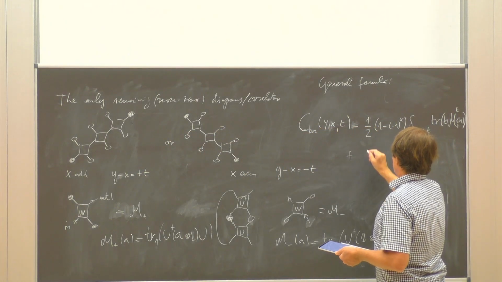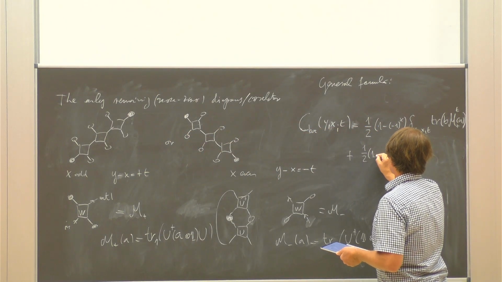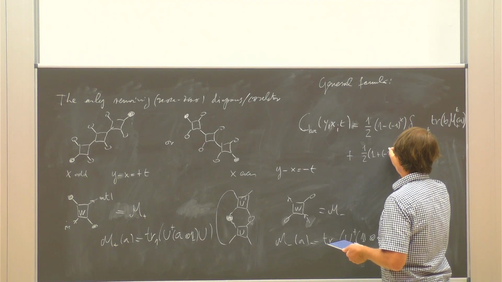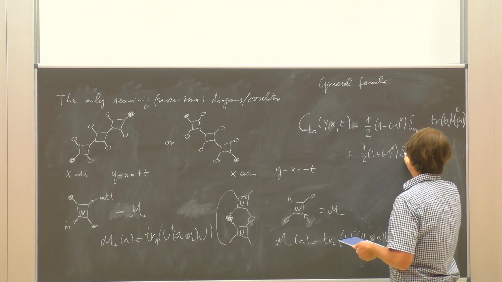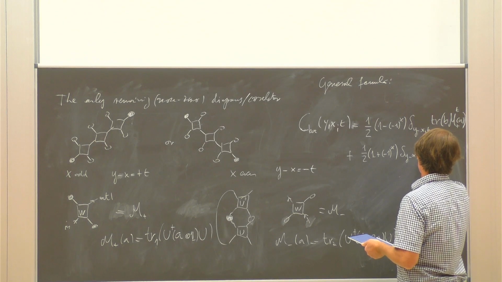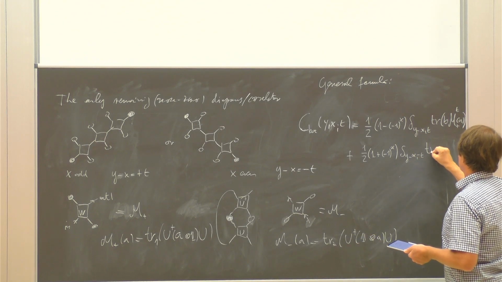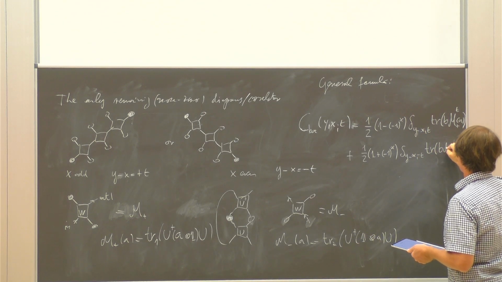So these are the two light rays, and the second one will be checking if x is odd, even. And then we have M minus to power t.